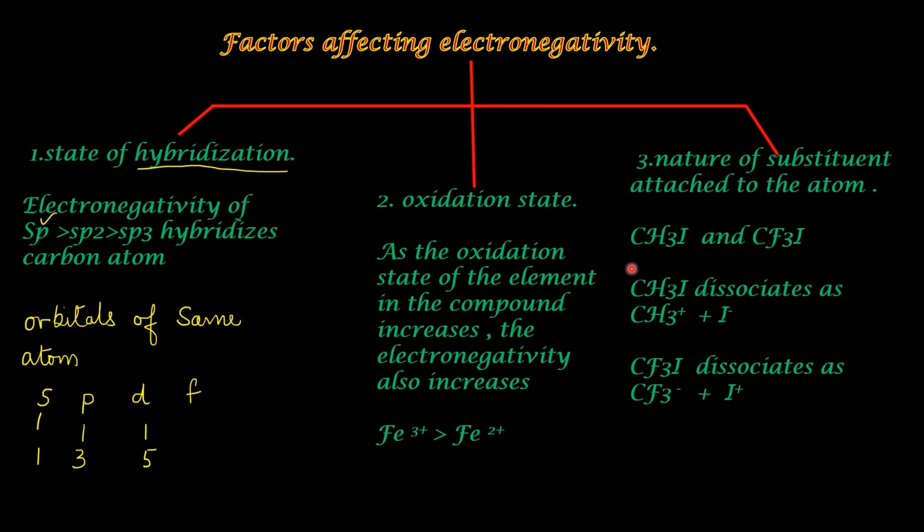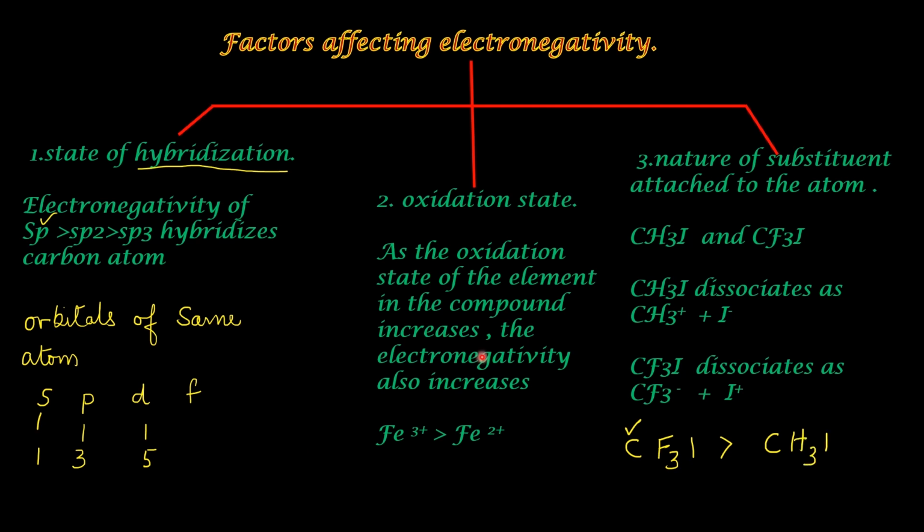The carbon atom in these two compounds have different electronegativities due to the difference in the substituents. When iodomethane dissociates, iodine acquires a negative charge, and when trifluoroiodomethane dissociates, iodine acquires a positive charge. Therefore, it is understood that carbon atom in trifluoroiodomethane is more electronegative than the carbon atom in iodomethane.